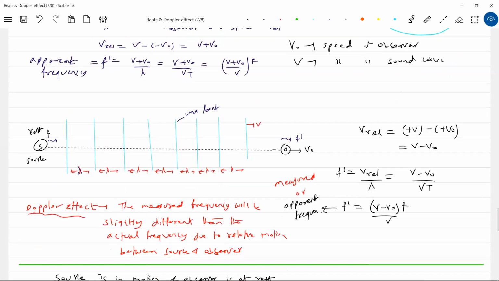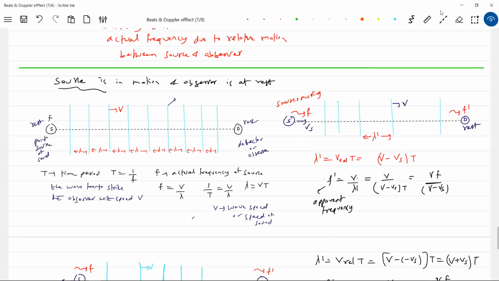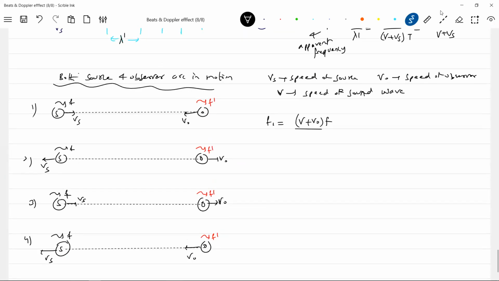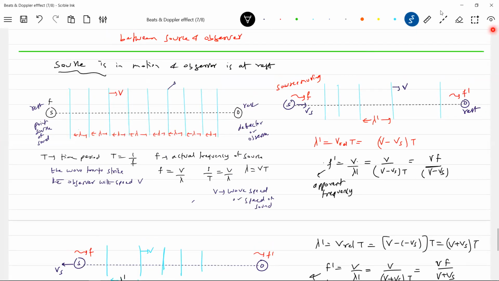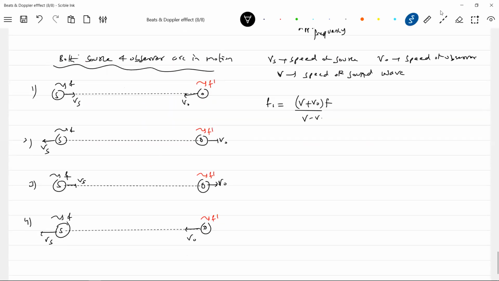So now you can see this. What is F1? F1 will be observer moving towards source, so V plus V naught F. Source approaches observer, where in the denominator it was V minus Vs. Got the idea? Denominator it was V minus Vs. This is the apparent frequency in the first case.